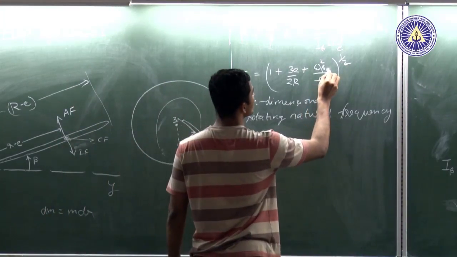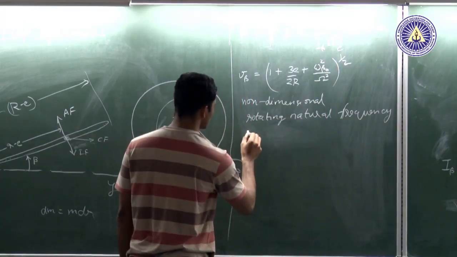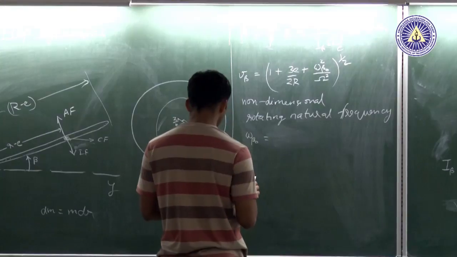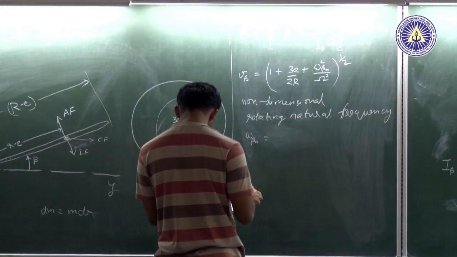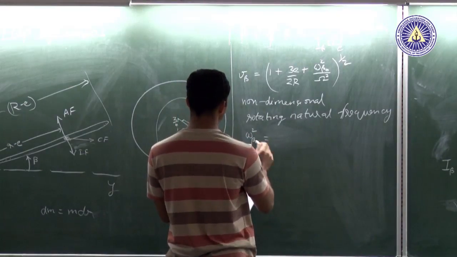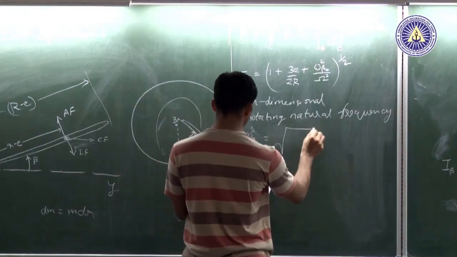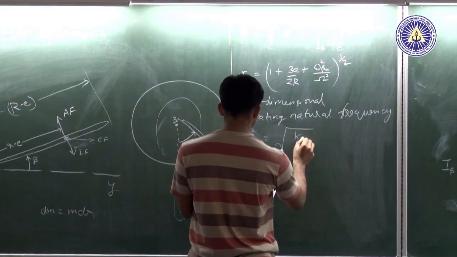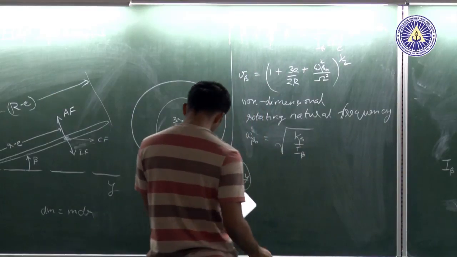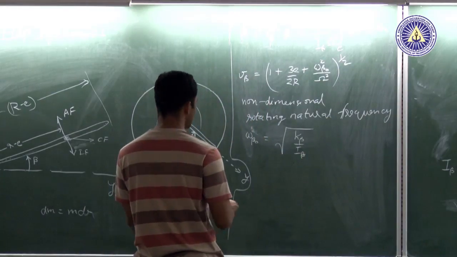And omega beta naught square is given by k beta by I beta, and this is the non-rotating natural frequency of the blade.